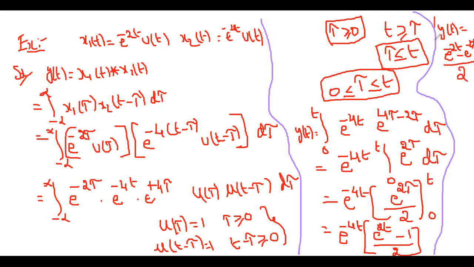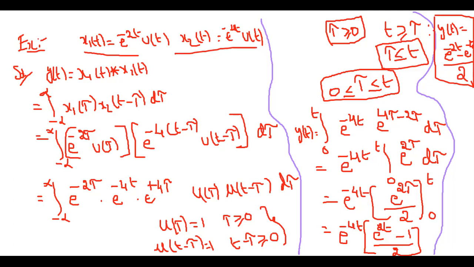Okay, my dear students, so y of t is equal to e power minus 2t minus e power minus 4t by 2, which is the convolution of the given two signals x1 of t and x2 of t.